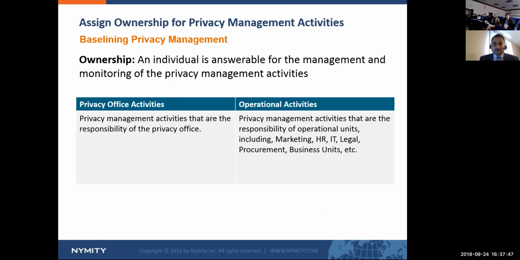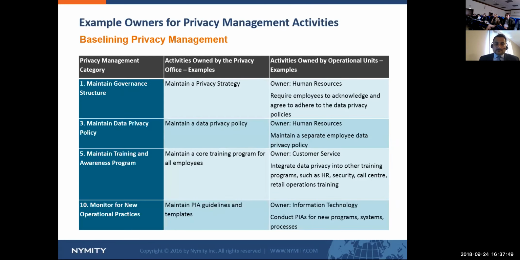Yeah, okay. As an example of some of these ownership activities, those that are owned by the Privacy Office and operational units. If we look at maintain governance structure, as an example of a privacy office activity would be to maintain a privacy strategy. An activity owned by the operational unit, as an example, HR, would be requiring employees to acknowledge and adhere to the data privacy policy, right?